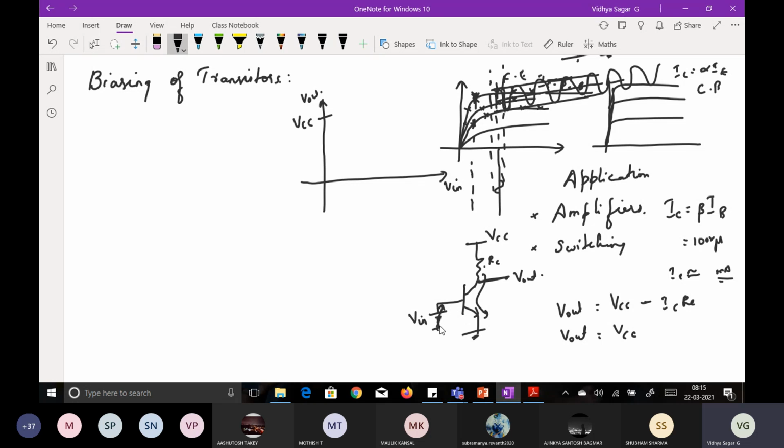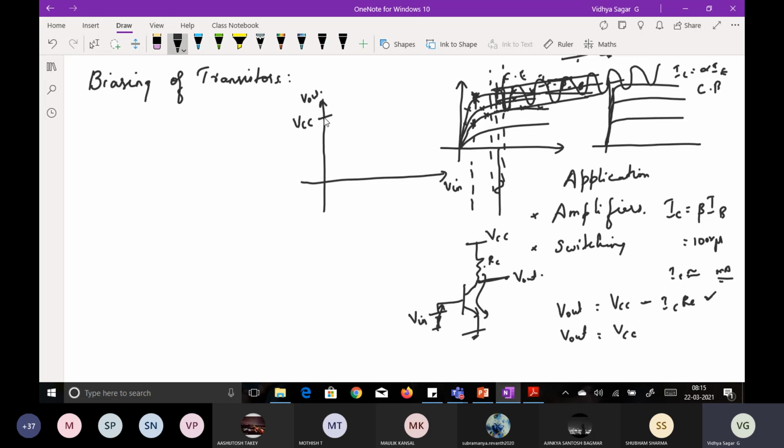Clear? So when V in is greater, approaching VCC, what will it be? The least value. When V input goes high enough, the transistor starts conducting.